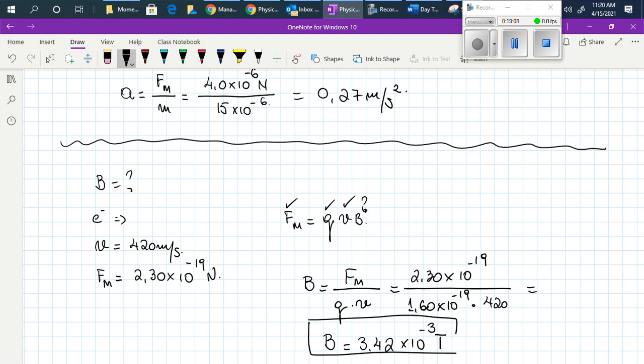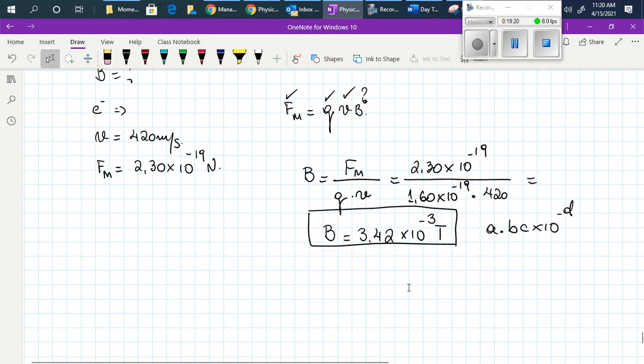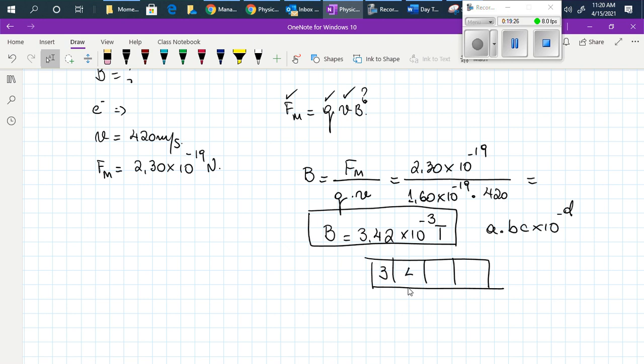And if they are asking you to record your answer in the form A.BC times 10 to the power of negative D and record only the digits, then you should record only 3423. I hope that this makes sense.